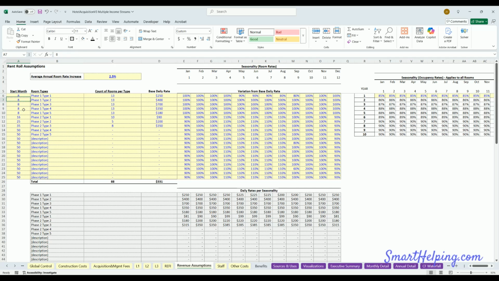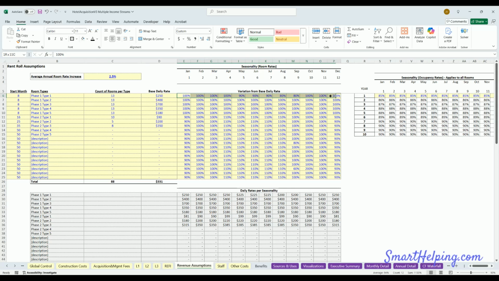The start month that they go live, which is important if you're doing the phase-based model. The count of rooms of each type, the base daily rate, and then off of the base daily rate you can define the variation of that rate over a 12-month period, because high and low seasons you might have different rates; the daily rate could change when it's more busy or less busy.